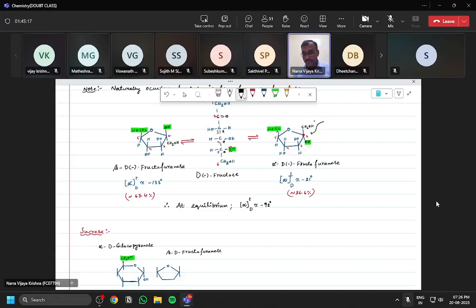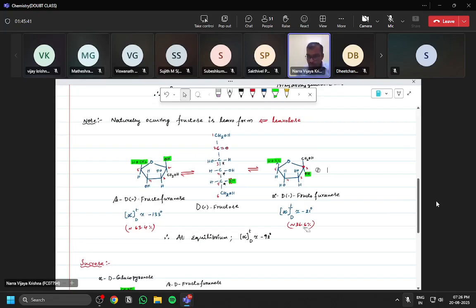Carbon is there, on this side O is there, OH is there. So both have hemiacetal groups. A sugar with a hemiacetal group is called a reducing sugar.